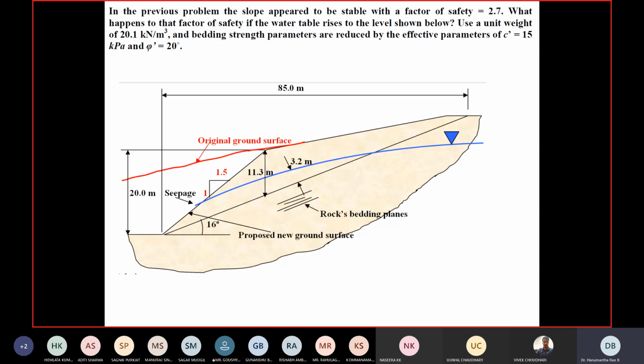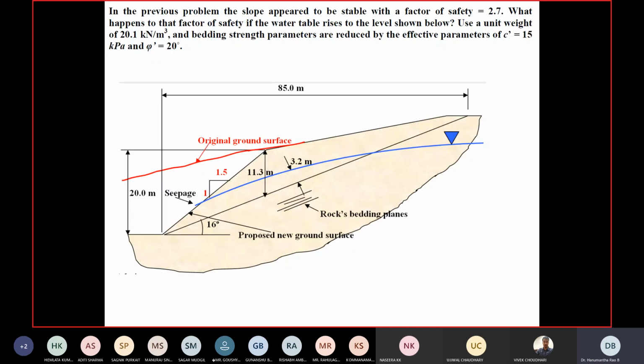In fact, we can use the same formula, but how do we modify it or incorporate the seepage component? W minus U, weight component. Yes, if you look at the previous equation, that is shear strength, c plus sigma dash tan phi.